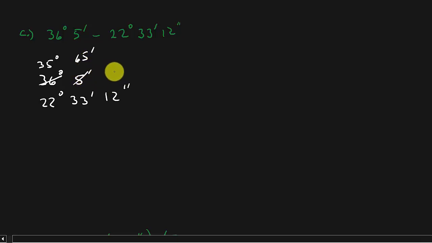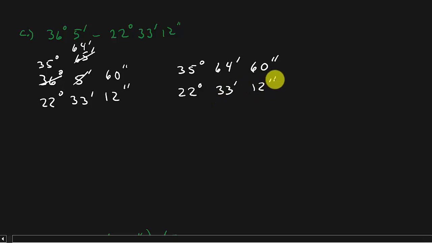And then I'm going to need a number here, so I'm going to have to borrow from the 65, and that's going to make it 64. And I take that 1 minute, and that becomes 60 seconds. So now my problem is 35 degrees, 64 minutes, 60 seconds, minus 22 degrees, 33 minutes, and 12 seconds.